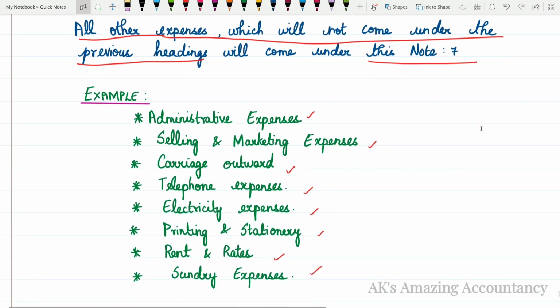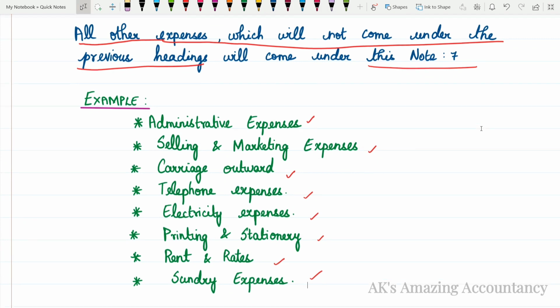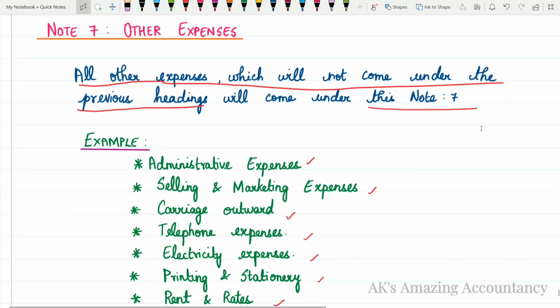Then find the total of all these expenses and that will be taken to the statement of profit and loss under the heading Other Expenses, Note 7.